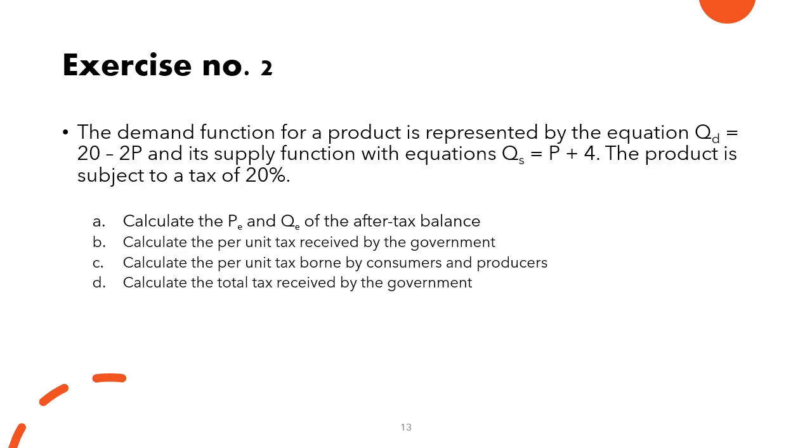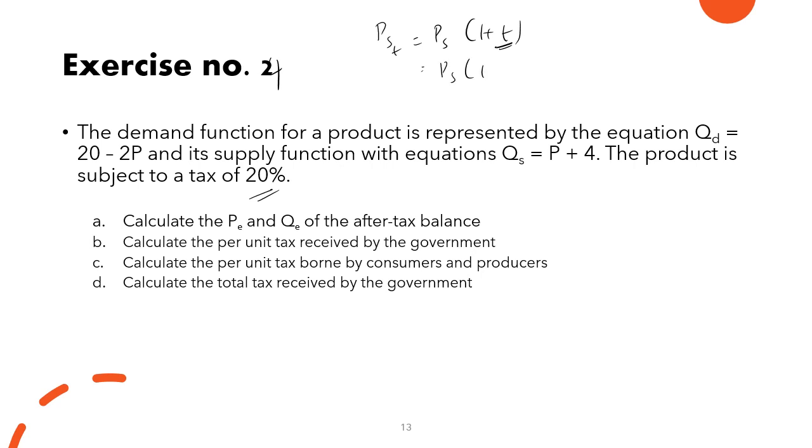Okay, this is exercise number 4 actually. And this is also the same with the previous one, but now the tax is 20%. So now you have to change with PST equal to PS times 1 plus tax here. Now do the percentage here and change this like the previous one.